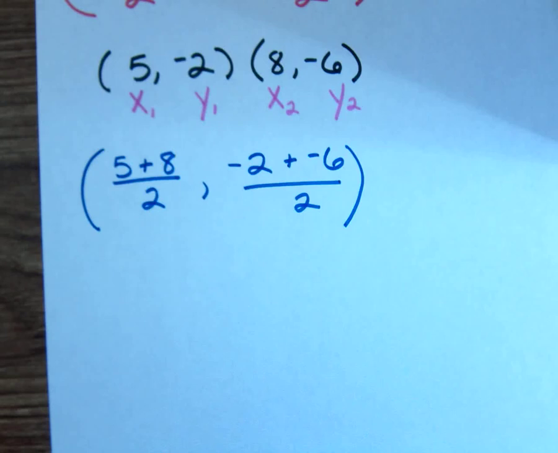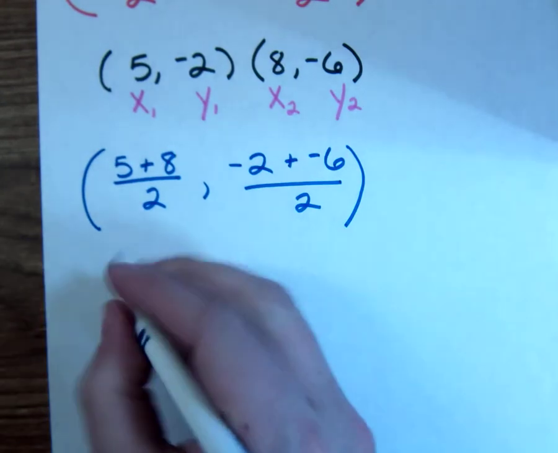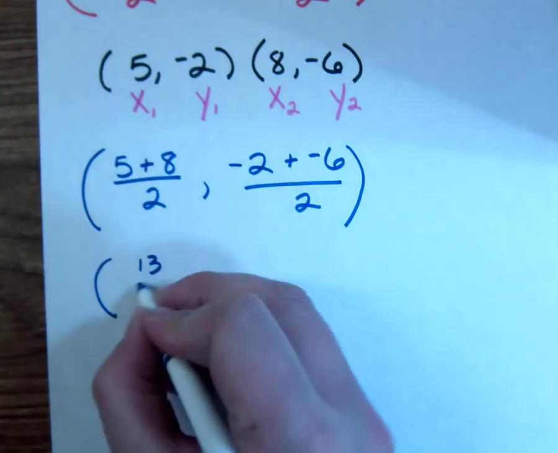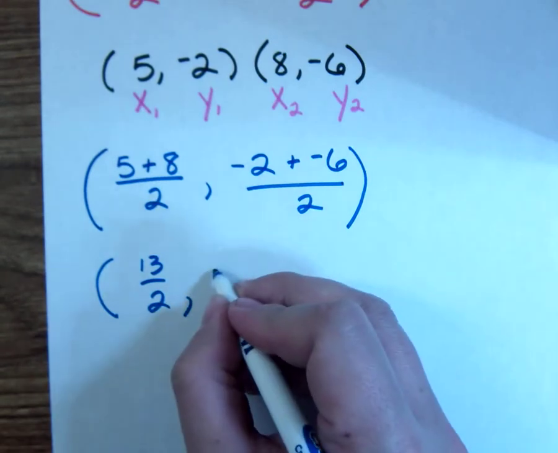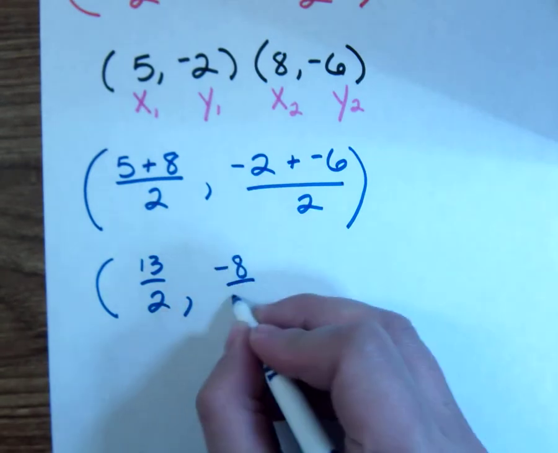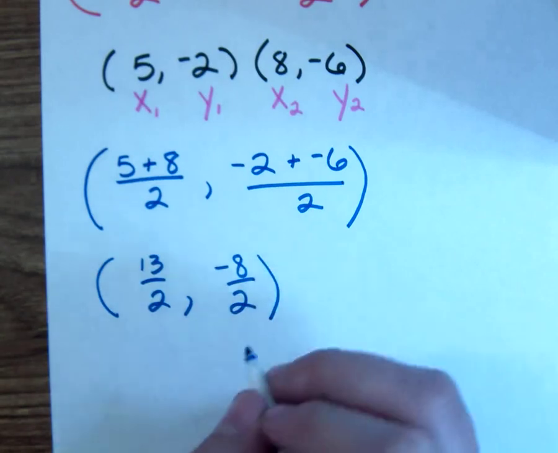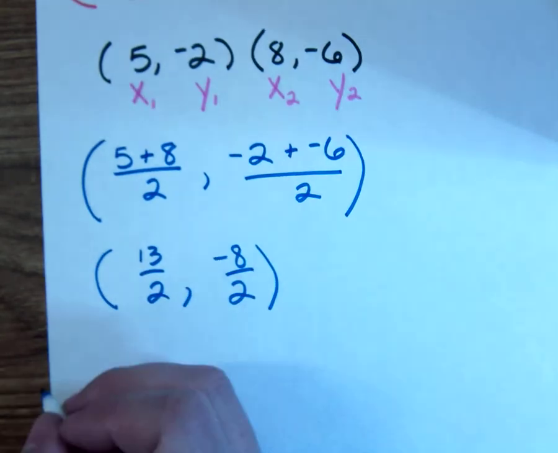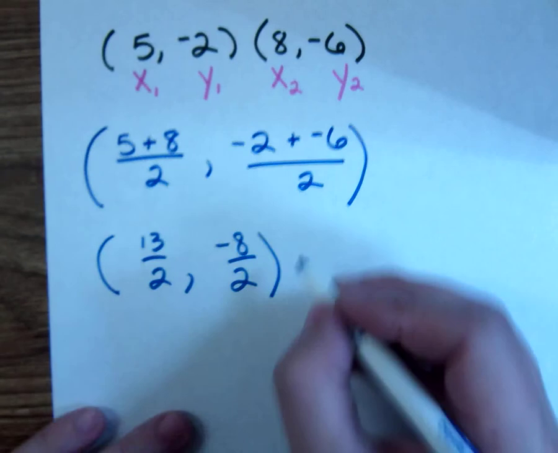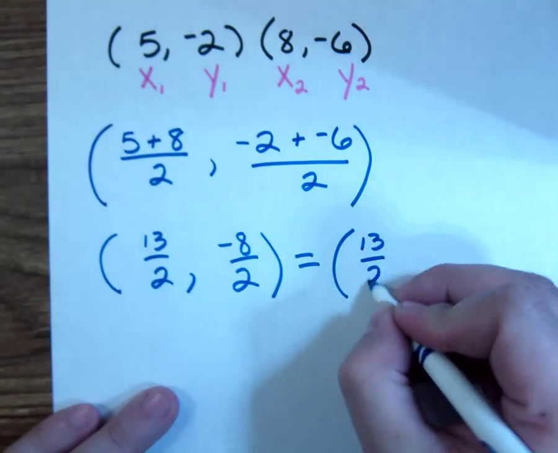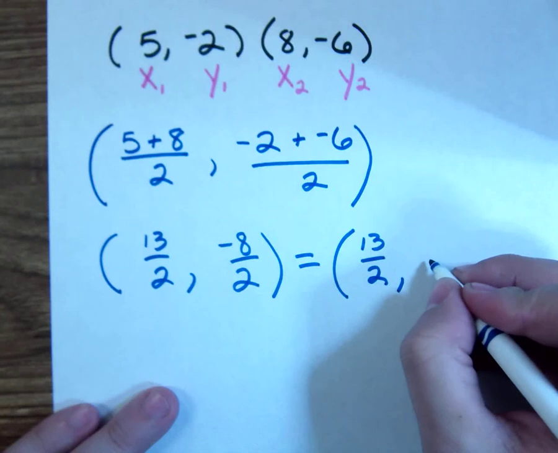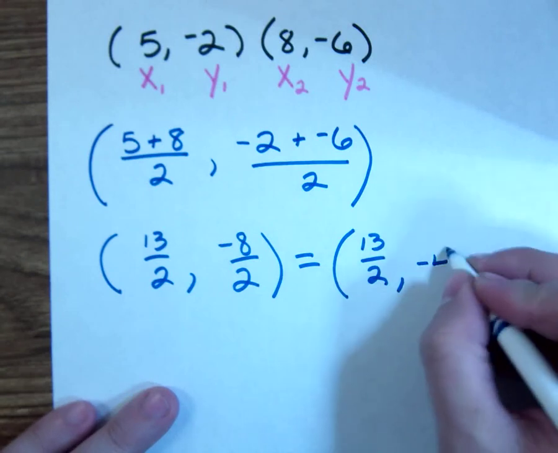And now it's nothing but arithmetic. 5 plus 8 is 13, so this is 13 halves. And -2 plus -6 is -8, so this is -8 halves. 13 halves is fine like it is. I can divide it and get a decimal, but it's fine as is. But 8 halves can reduce. What can it reduce to? -4.